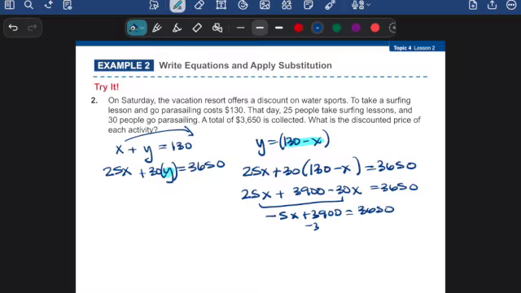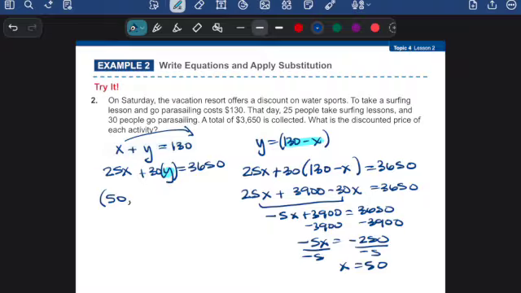We're going to subtract 3,900 from both sides. Negative 5x equals negative 250. Divide both sides by negative 5. x equals positive 50. So we found the value of one surfing lesson. One surfing lesson would cost $50. How do we find the value of a parasailing lesson?